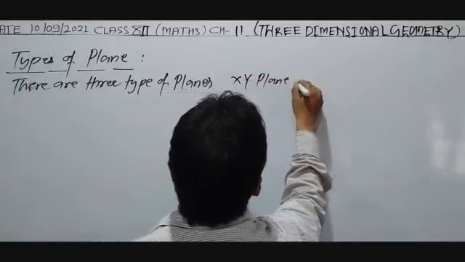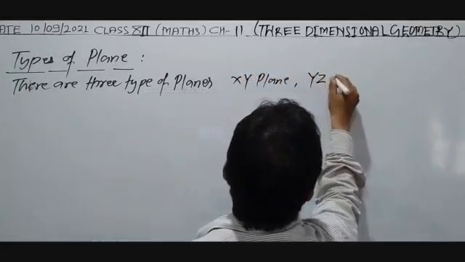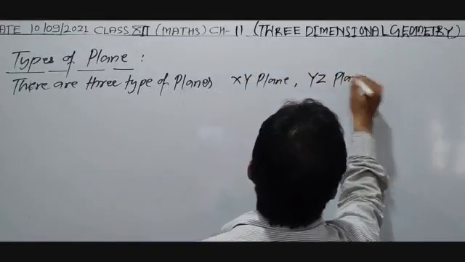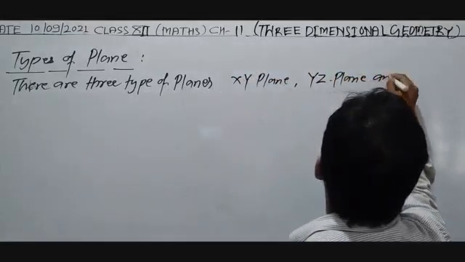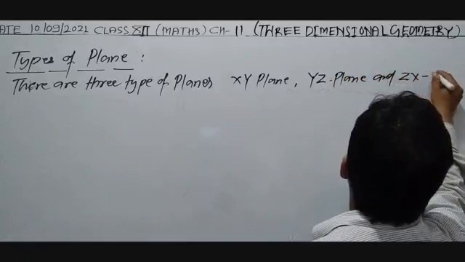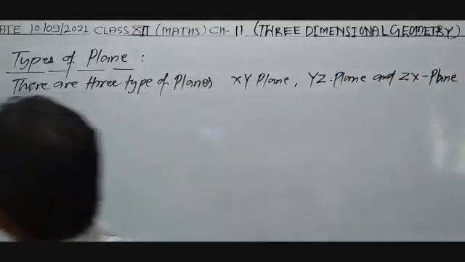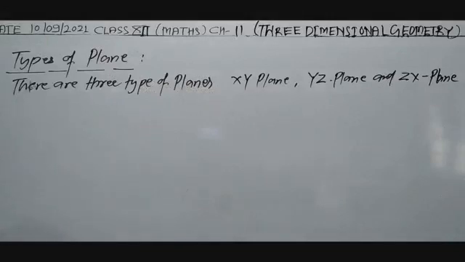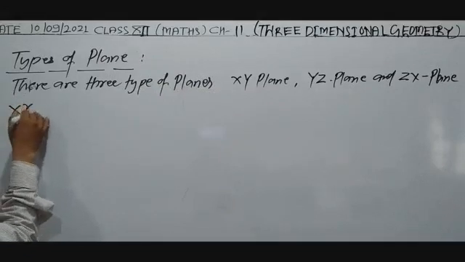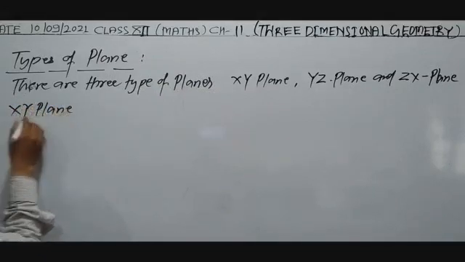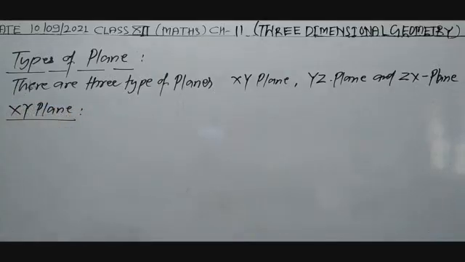XY plane, YZ plane, and ZX plane. These are the 3 types of planes. Now the first plane is the XY plane.